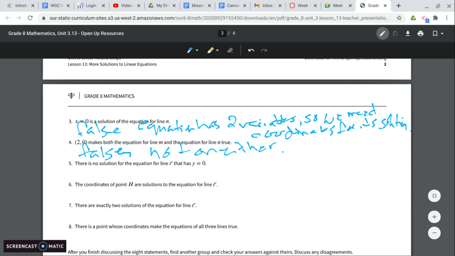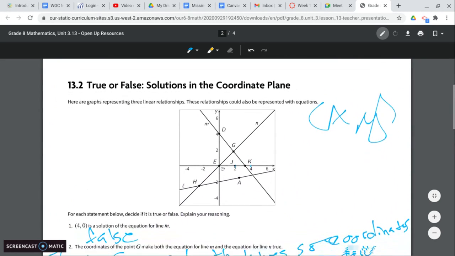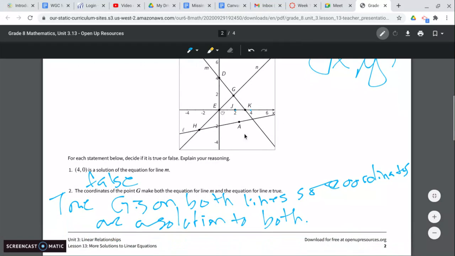For number 5, there is no solution for the equation for line L that has y equal 0. So if we're looking at line L, that line L is right here. And it says there's no solution for the equation for line L that has y equals 0.